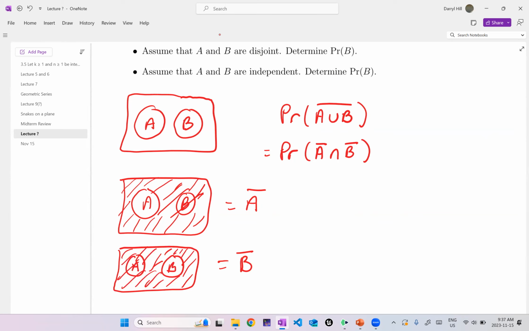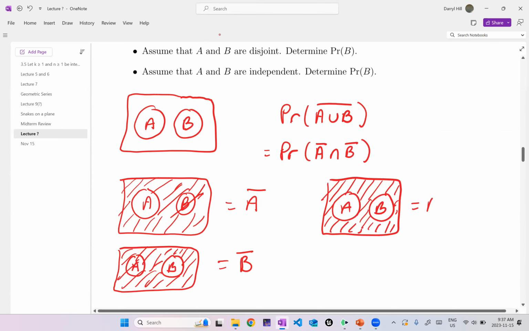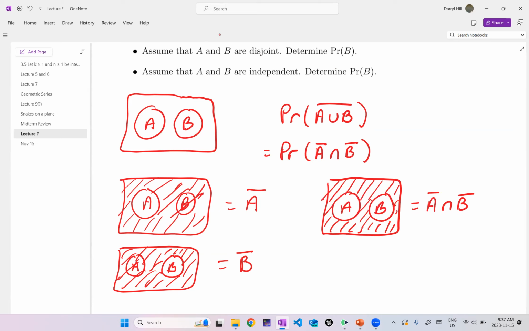Then if I draw another diagram, everything that's in common in both of those diagrams is everything outside of A and B. Right, so this is the intersection of A naught and B naught.